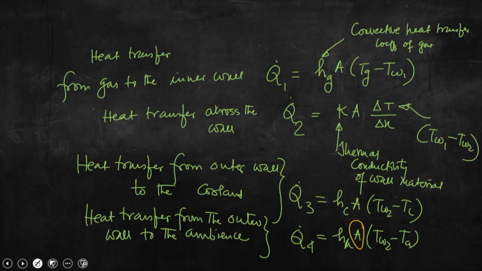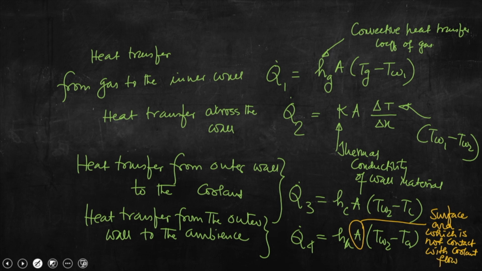So, this A is the surface area which is not in contact with coolant flow, right. So, these are the expressions.